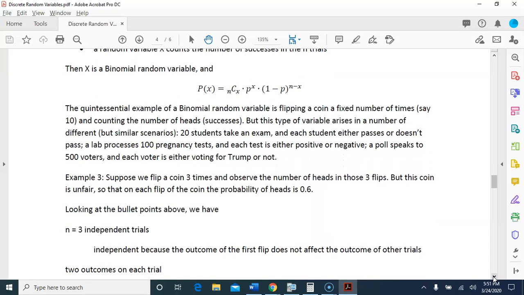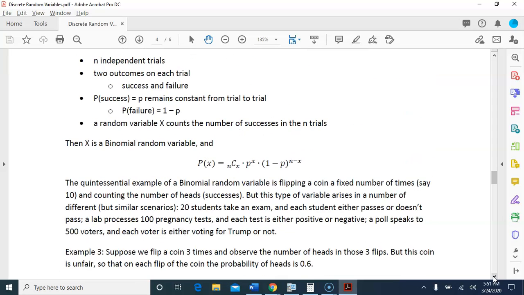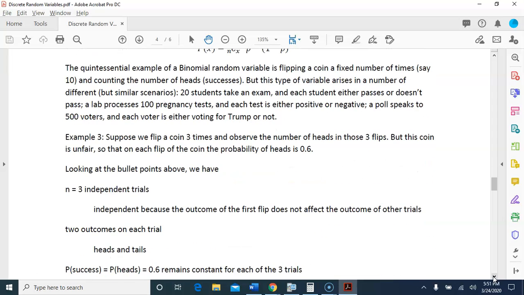So here's an example. Suppose we flip a coin 3 times and observe the number of heads in those 3 flips. But suppose this coin is unfair, so that the probability of heads on each flip is 0.6. So, checking the bullet points from up here, we have 3 independent trials.